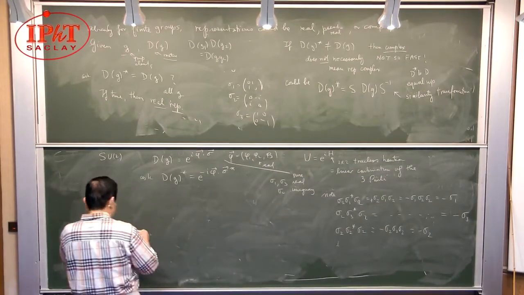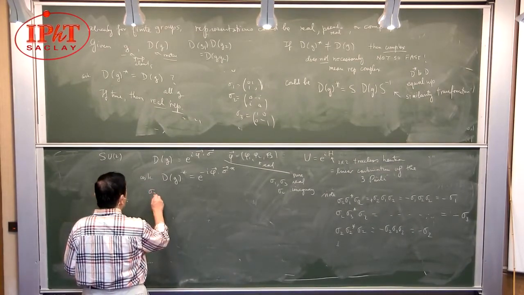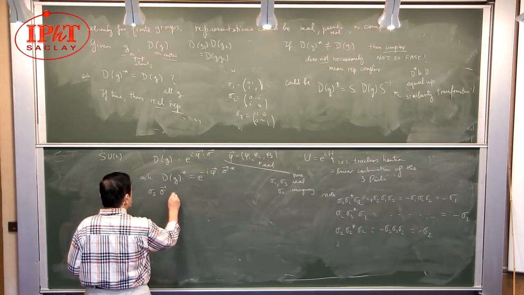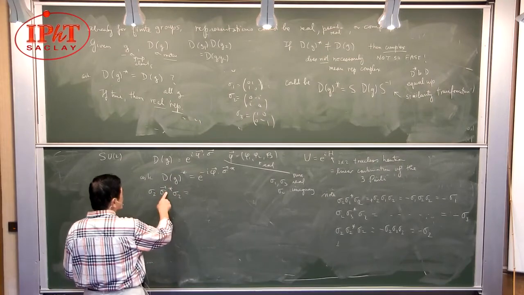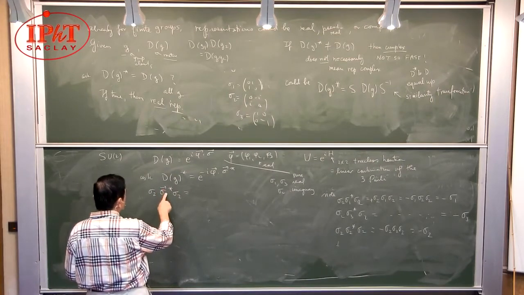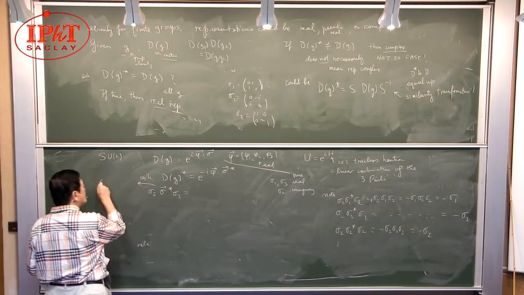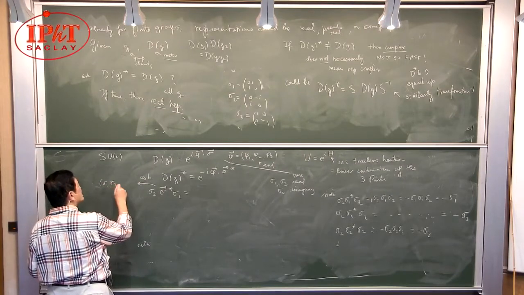So you see the remarkable property of the Pauli matrices is that sigma 2 sigma star sigma 2 is minus sigma vector, where I write the three Pauli matrices as a vector, sigma 1, sigma 2, sigma 3.